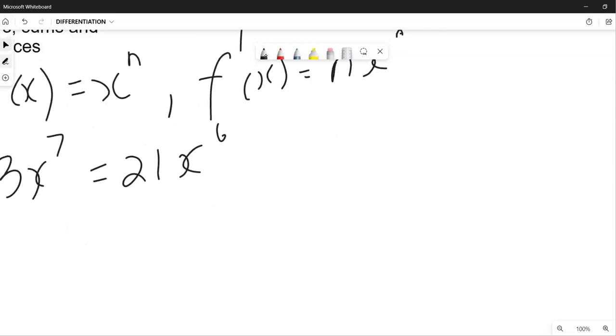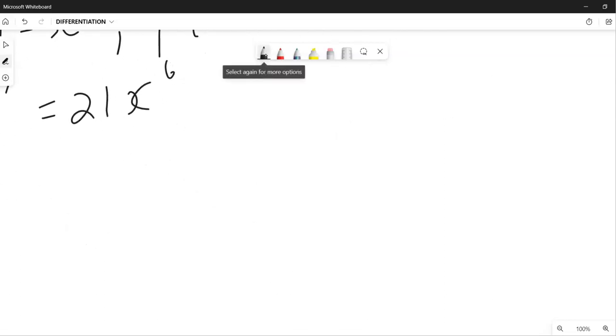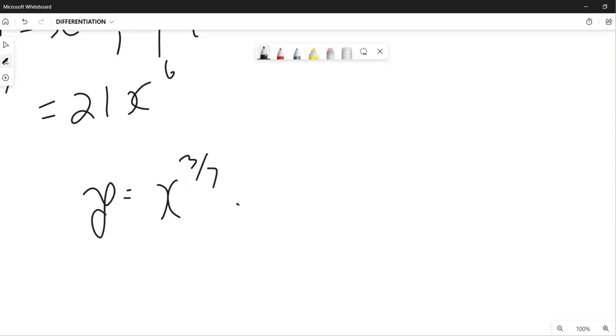If you have something that is a fraction, let's do a fraction first. Let's say y is equal to x to the 3/7 power. And then dy by dx, that means we're differentiating y with respect to x, another notation for differentiation.